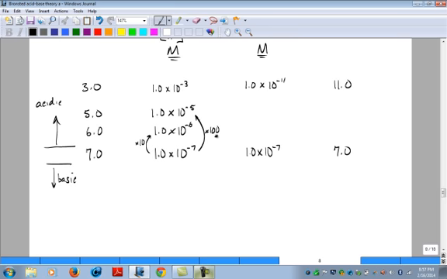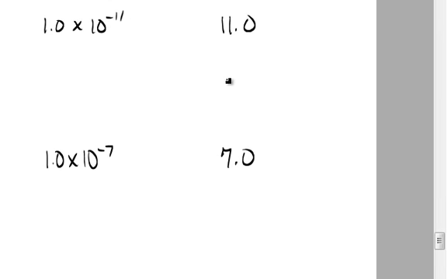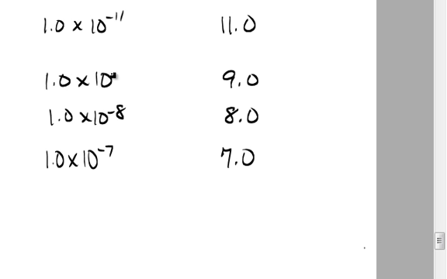And then to complete the chart here, we have 9 for the pOH when the pH is 5, and 8 is the pOH when the pH is 6. And then you could just complete the pattern here. 1.0 times 10 to the minus 8 and 1.0 times 10 to the minus 9 molar, as you see respectively.